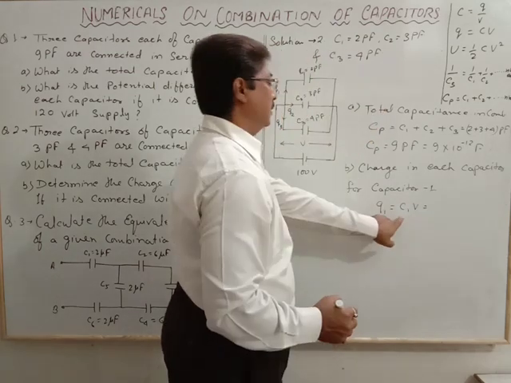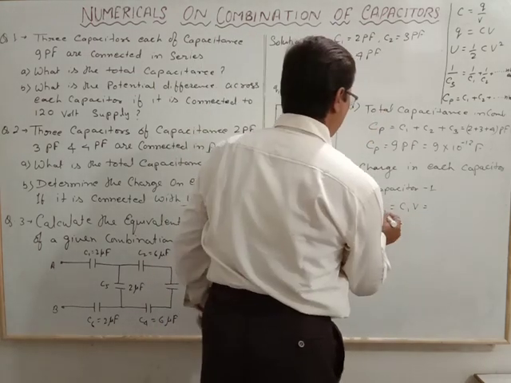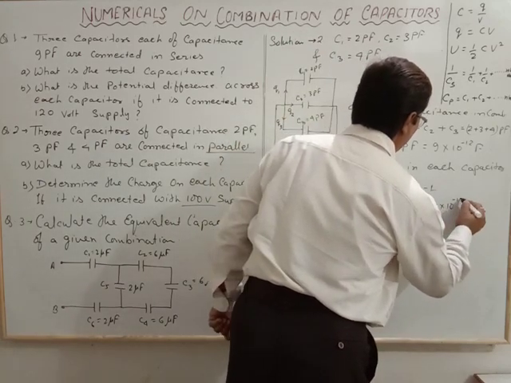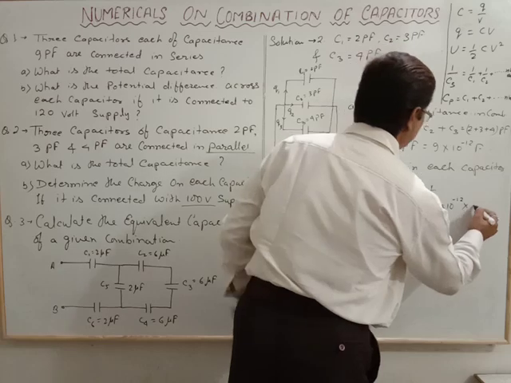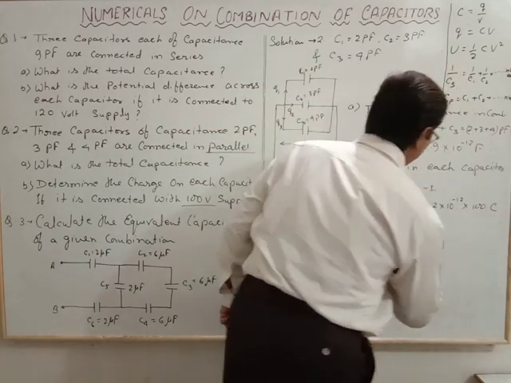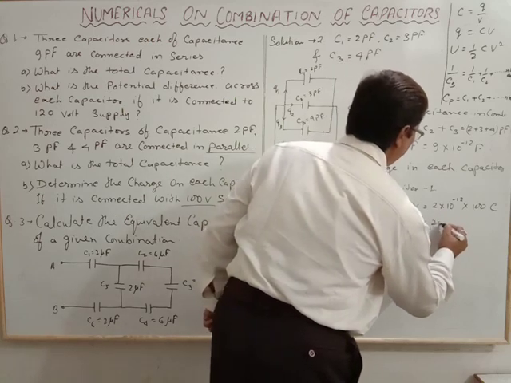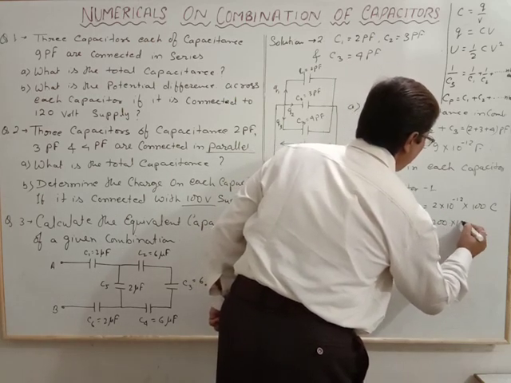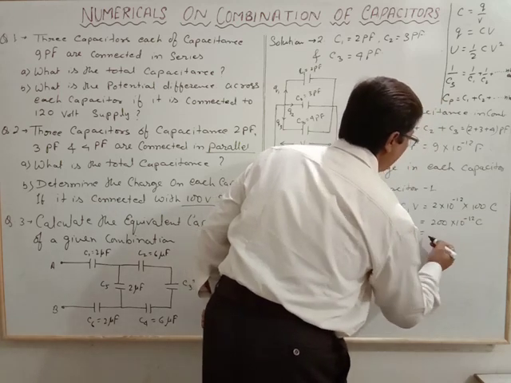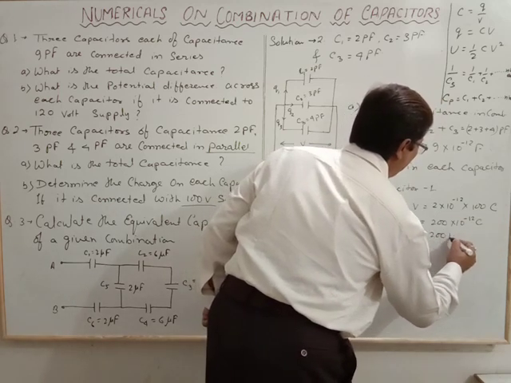C1 is 2 picofarad, so 2 into 10 to the power minus 12 into 100. That becomes 200 into 10 to the power minus 12 coulomb, or we can write it as 200 picocoulomb.